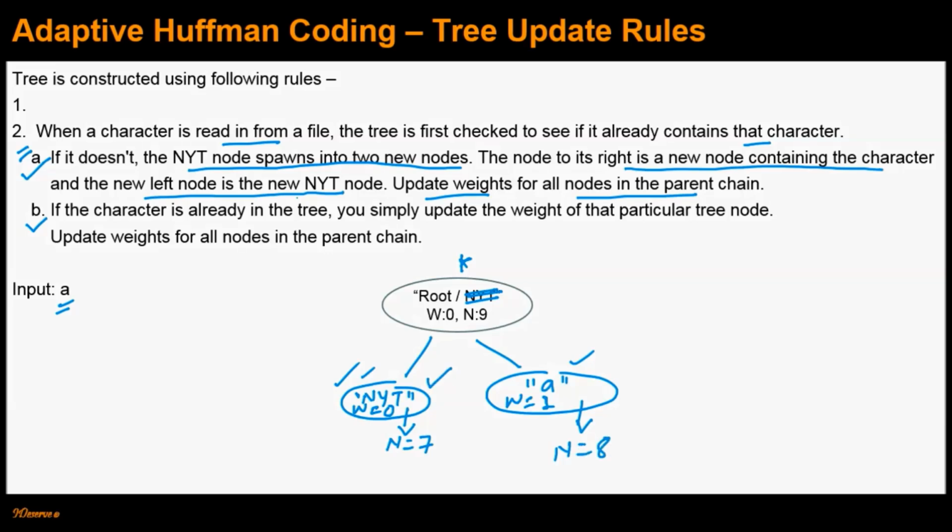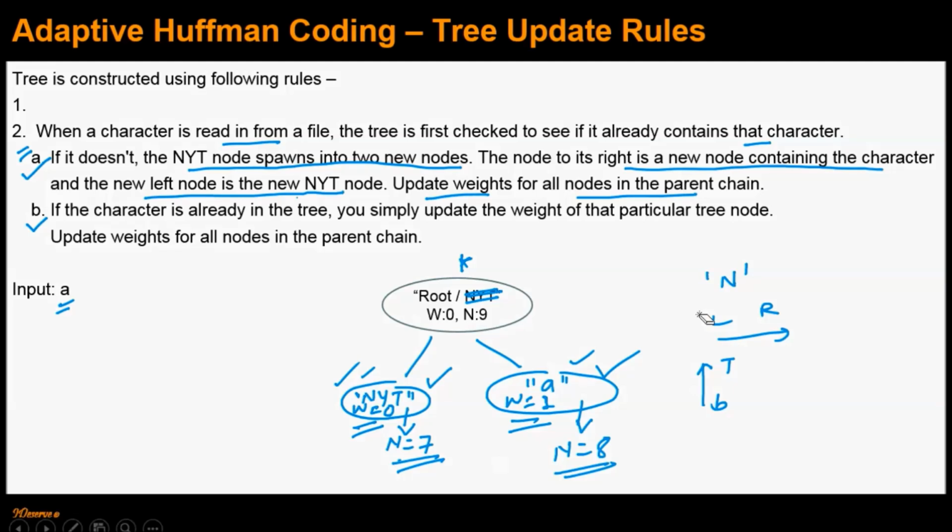So this node's ordering is 7 and this node's ordering is 8. Note that this ordering, which is denoted by N, increases from left to right and it increases from bottom to top. So at this point in time, we have created two nodes: the NYT node with N equal to 7, weight equal to 0, then the A node with N equal to 8, W equal to 1.